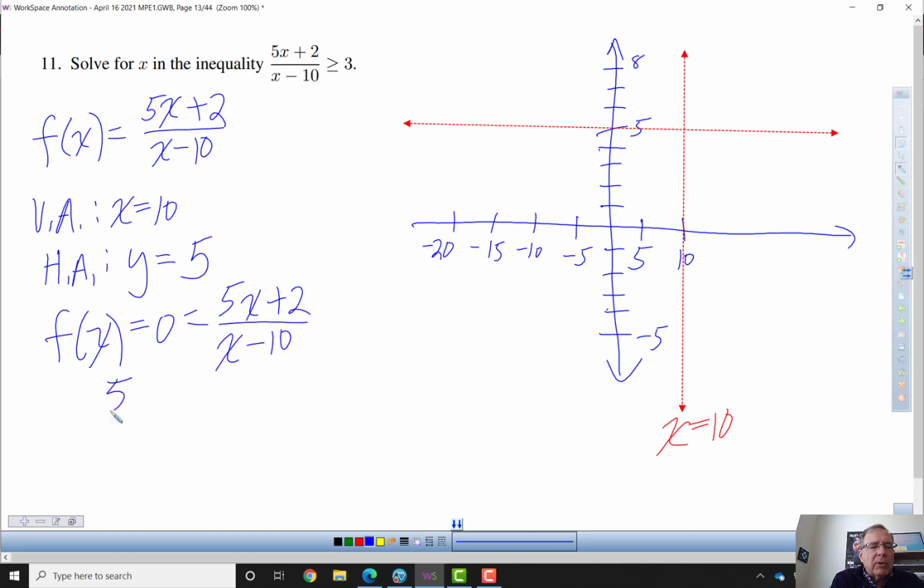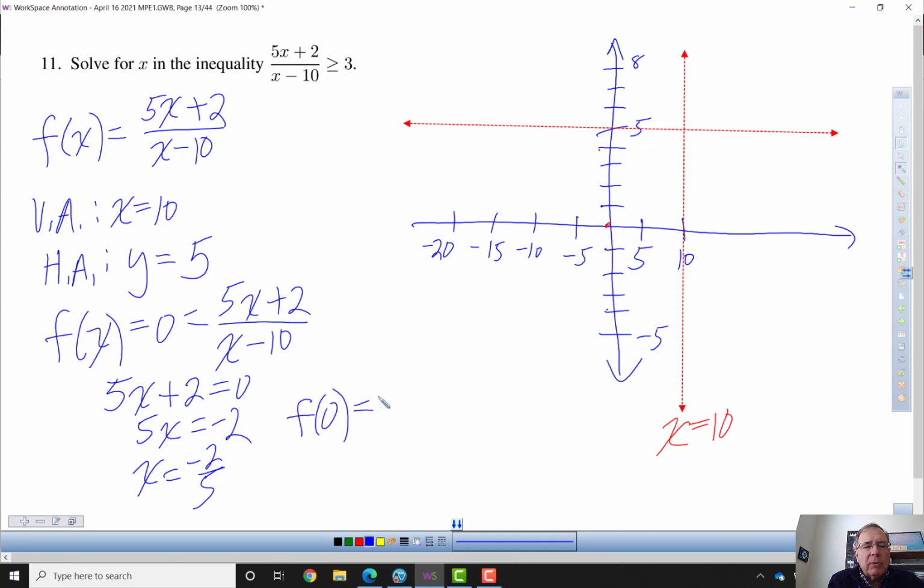Really all I need to do is set the numerator equal to 0, so 5x equals negative 2, x equals negative 2/5 or negative 0.4, so we'll put it right there. And then the y-intercept is when x equals 0, so that's 2 over negative 10, which is negative 0.2. So I'll put that here.